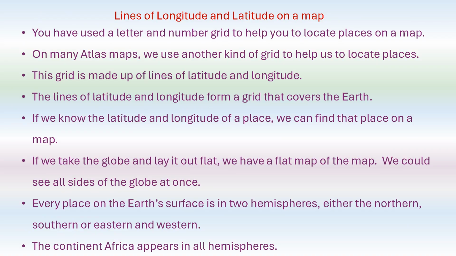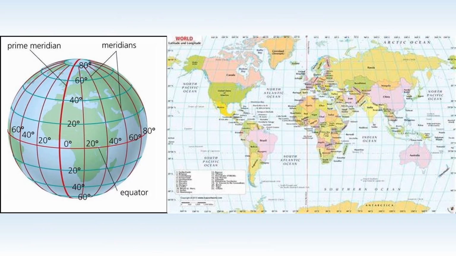Right, so this next slide here basically tells you information about lines of longitude and latitude. You can view it at your leisure later on, or you could take down notes from it if you wish at a later stage. Basically, this slide tells you that the lines of longitude and latitude form a grid. Now, if we want to look at the grid, we could see it on a sphere.